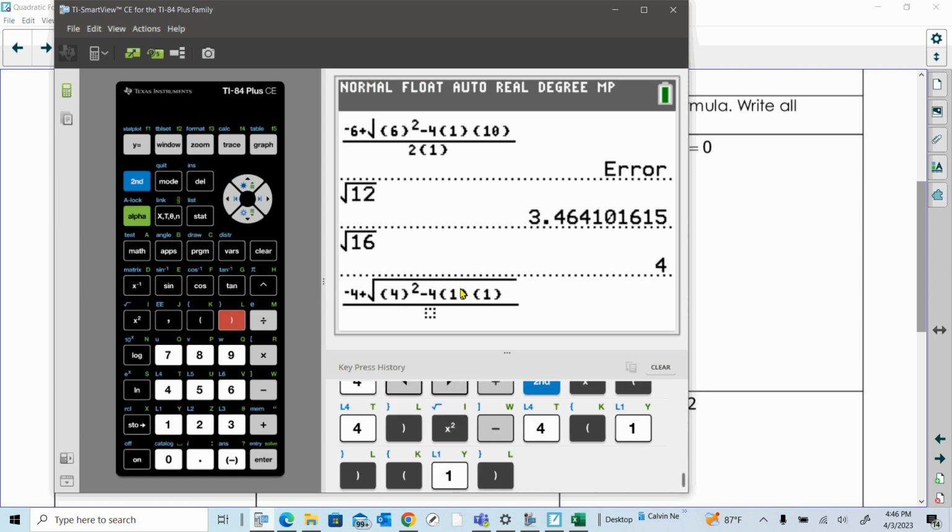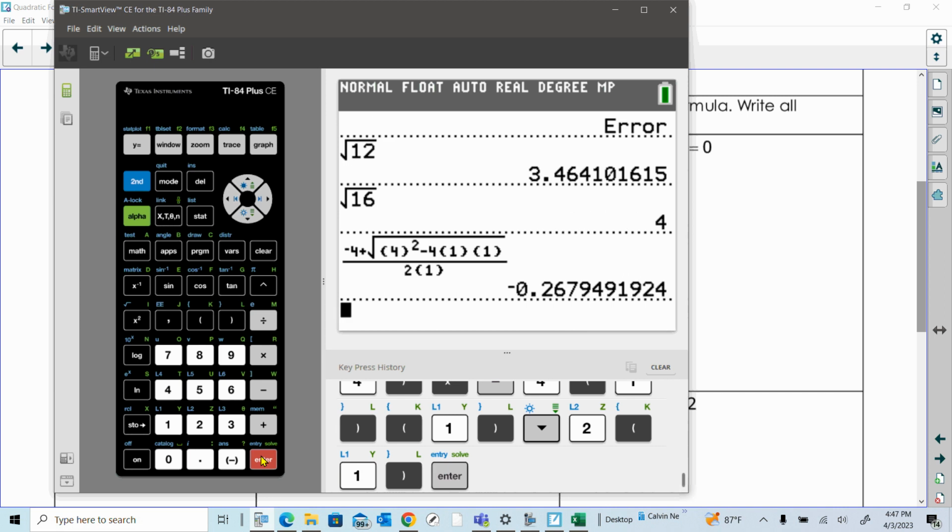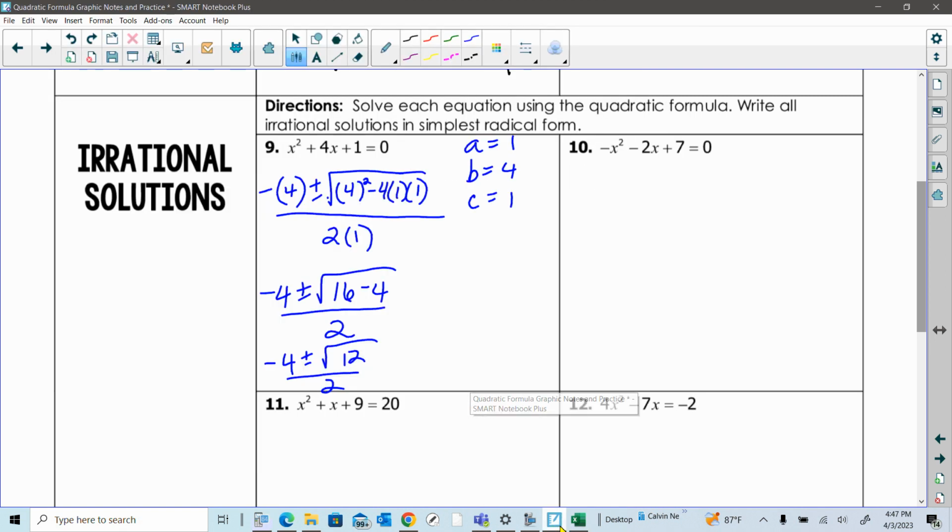Now I know some of you can maybe do all this mentally, and that's fine, but just make sure you check your signs. You don't make sign errors. So when we do the positive answer, we get negative 0.2679, so we're going to round this to the nearest tenth. So this will be x equals negative 0.3.